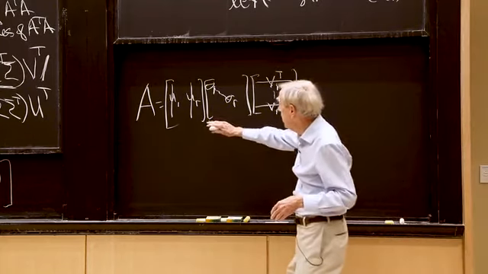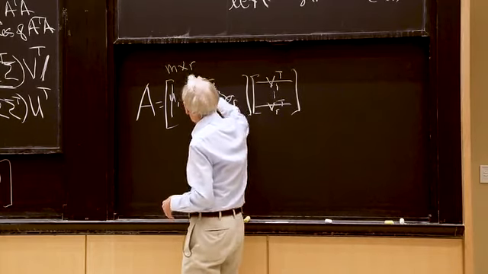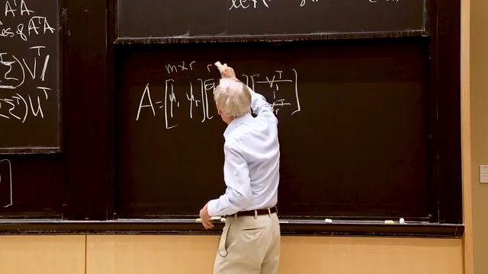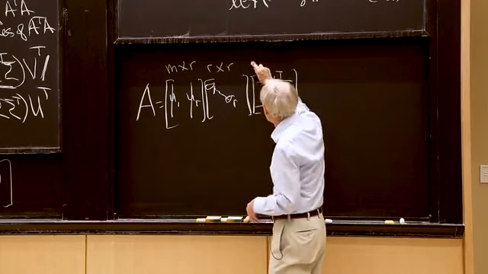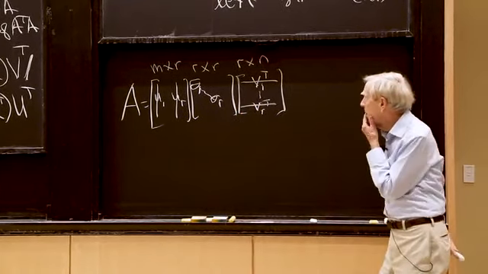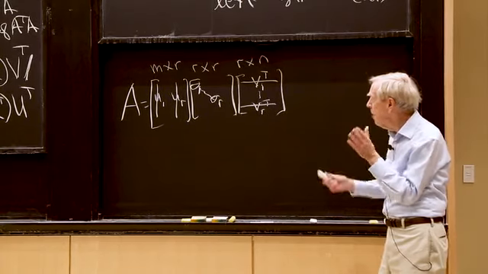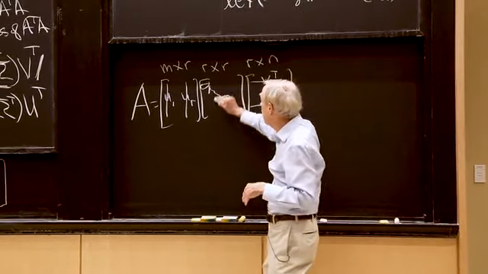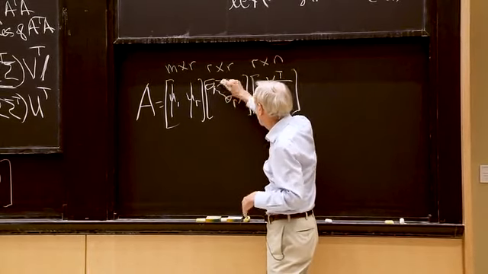So this would be the smaller one, M by R. This would be R by R, and these would all be positive. And this would be R by N. So that's only using the R non-zeros. All these guys are greater than 0.